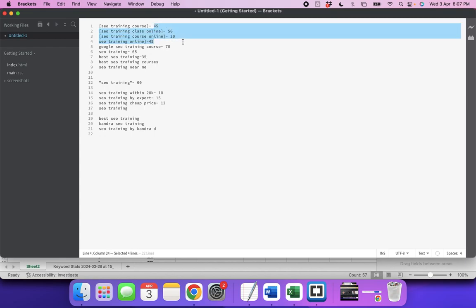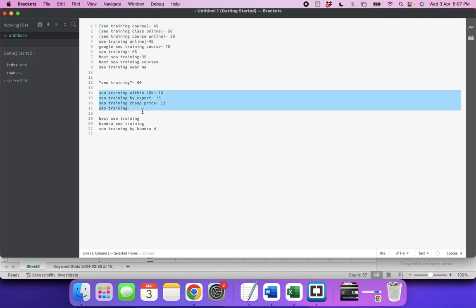Did you all get that? Now see, look at this average. Your average cannot be less than 40 rupees or 50 rupees. But when you are bidding in phrase match, this can trigger these kinds of keywords, and it can trigger any other keyword which is costing just 10 rupees, 15 rupees, 12 rupees, 20 rupees, and this is costing only 7 rupees.